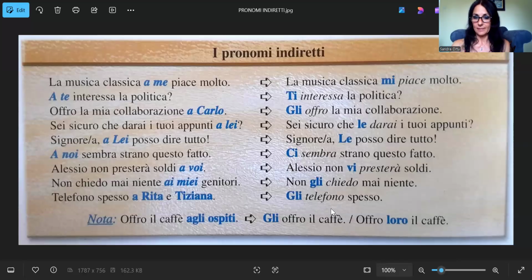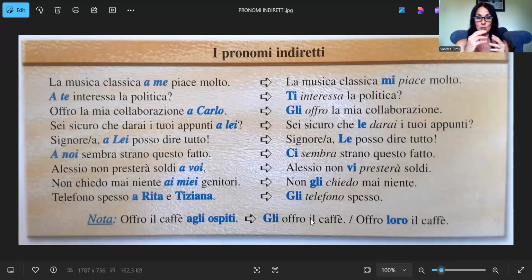When I say modern, this has been used for at least 40 years instead of the other in the spoken language. Because I remember that about 40 years ago, I felt there was a bit of a switch between one and the other. You were supposed to say this, but it sounds quite awkward and really backward, almost. It's not necessarily wrong, but it doesn't flow as well as gli offro il caffè.